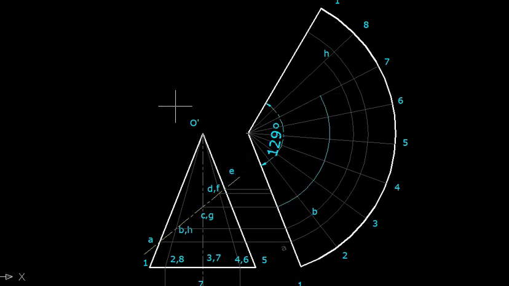Then for the D point, I am taking this point as the center and this as the distance, and marking the arc up to 6. Then lastly, I am marking the arc from this point. This distance, O to E, I am taking in compass and marking it up to line number O to 5.